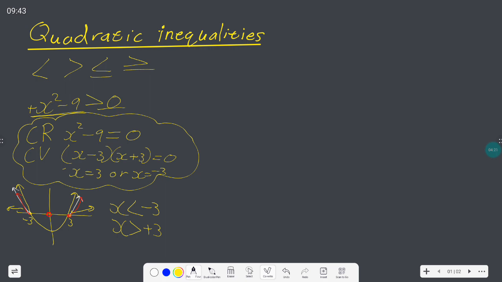Now, if I have another example where x squared minus 9 is smaller than and equals to 0. Once again, we're going to make our bubble to get my critical values.